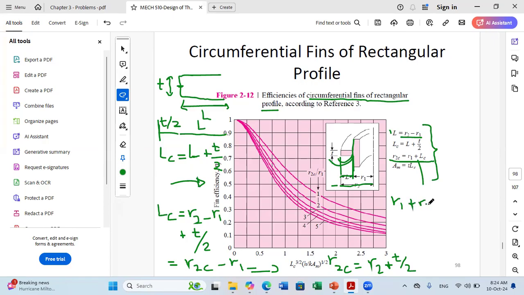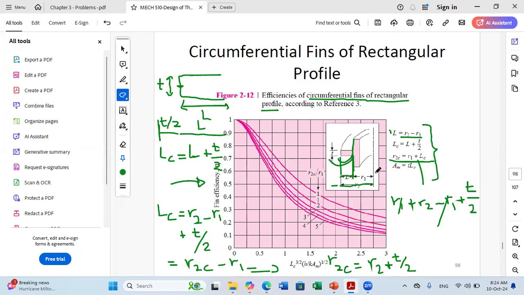R2 minus R1 plus T over 2. Okay. So R1 will simplify. And you get that R2 corrected is R2 plus T over 2.